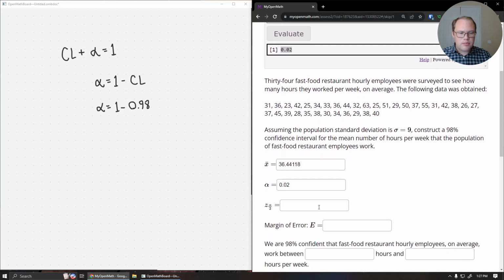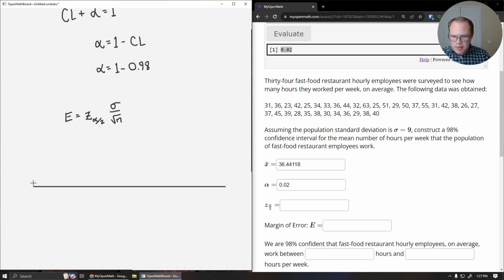Okay? Now to calculate my margin of error, remember for estimating the population mean, the margin of error is going to be my z alpha over 2, the z value with area of alpha over 2 to the right, times the population standard deviation over square root of n. So we first need to find that z alpha over 2 before we move on.